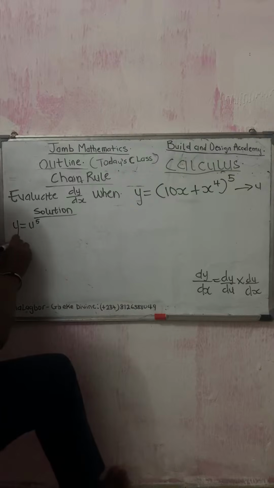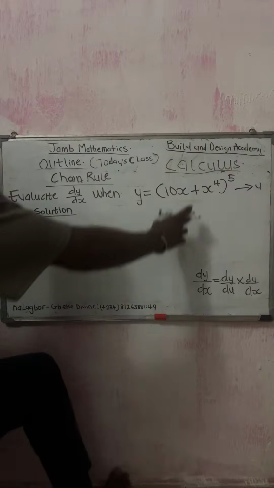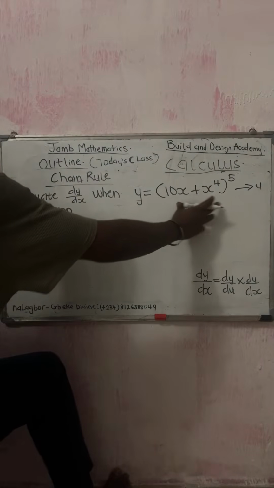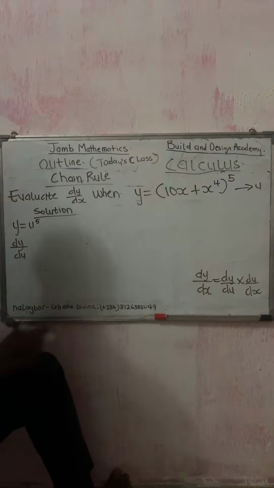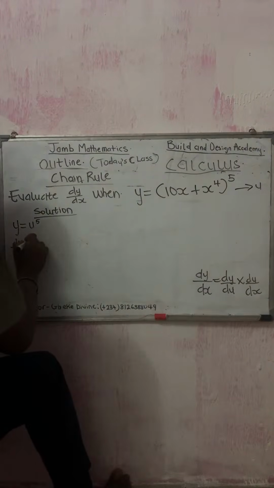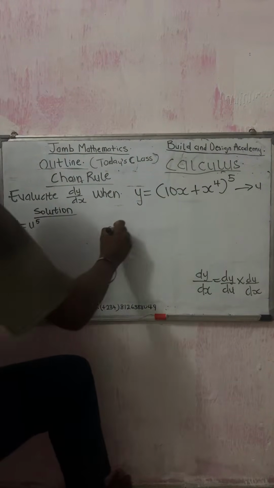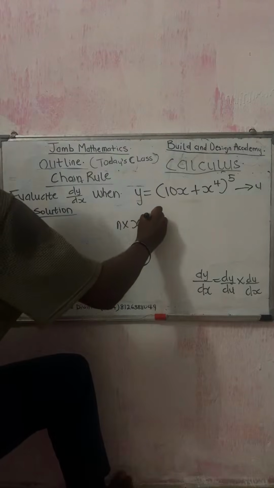So now we say dy over du. Without doing this, you cannot get dy over du because there is no u variable here, just x. So you have to put everything, all the x, in the form of u. Now that I've put it in the form of u, we will use our normal differentiation law, which says n times x raised to the power n minus 1.